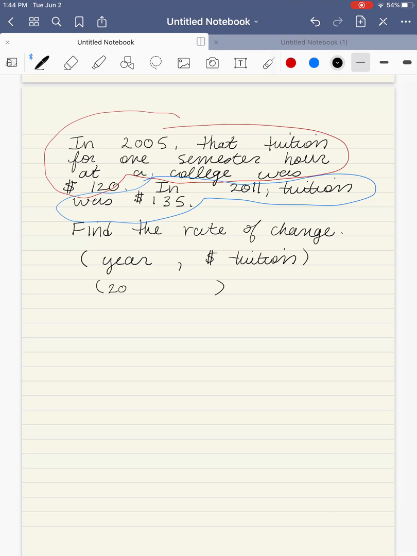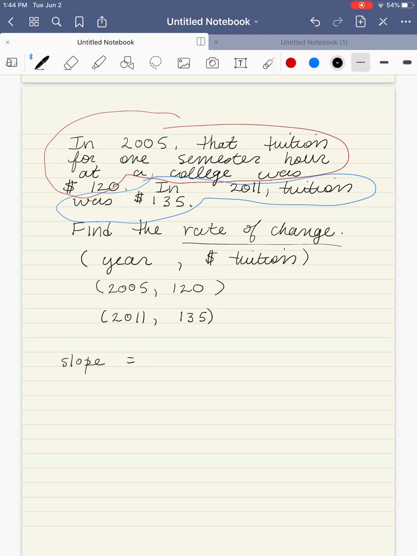So I could say that I have an ordered pair where my year is 2005 and my tuition for that year is $120. I'd like you to write the other ordered pair. And we see that we're looking at the year 2011, and tuition was $135 in that year.